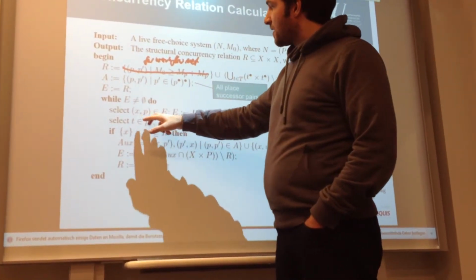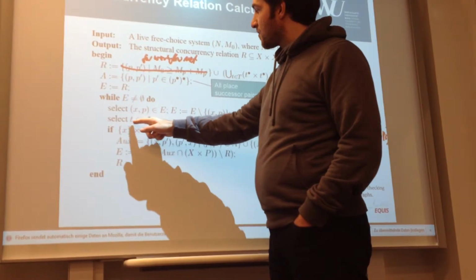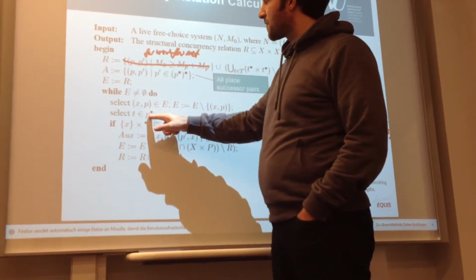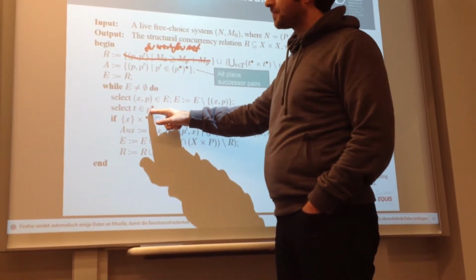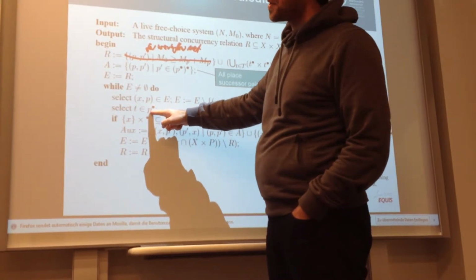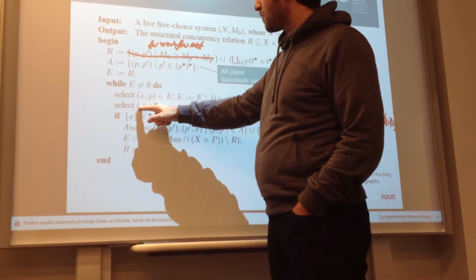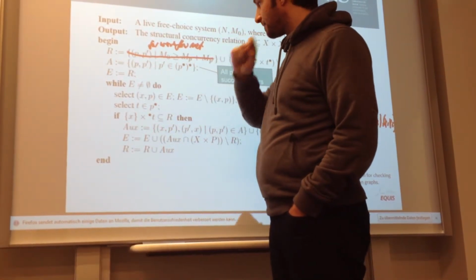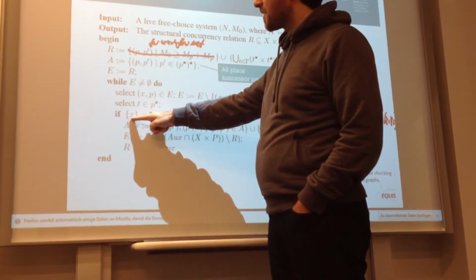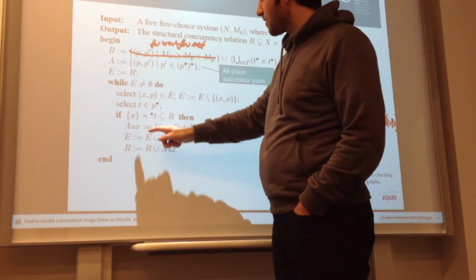Then we would need to look at a transition which is subsequent to p. And subsequent to p, there's only one transition, that is the send bill. So t will become send bill. We have x as C1, the upper place.